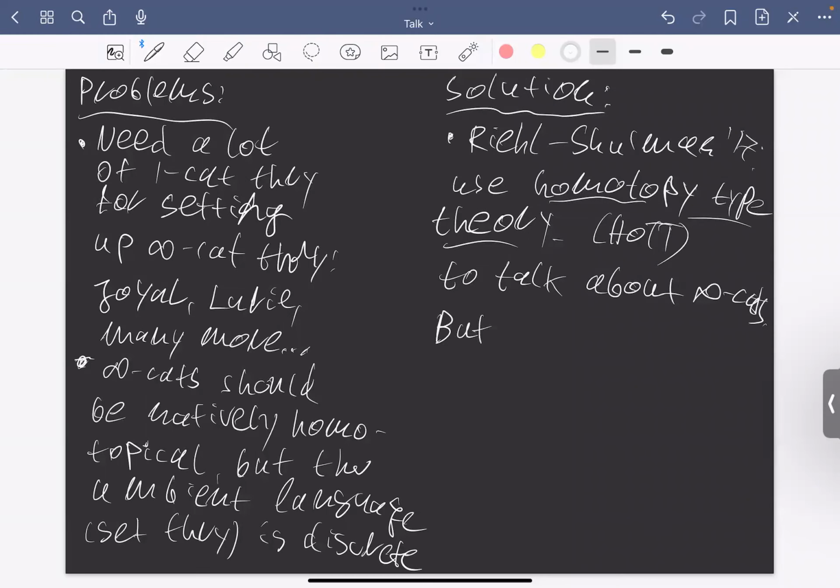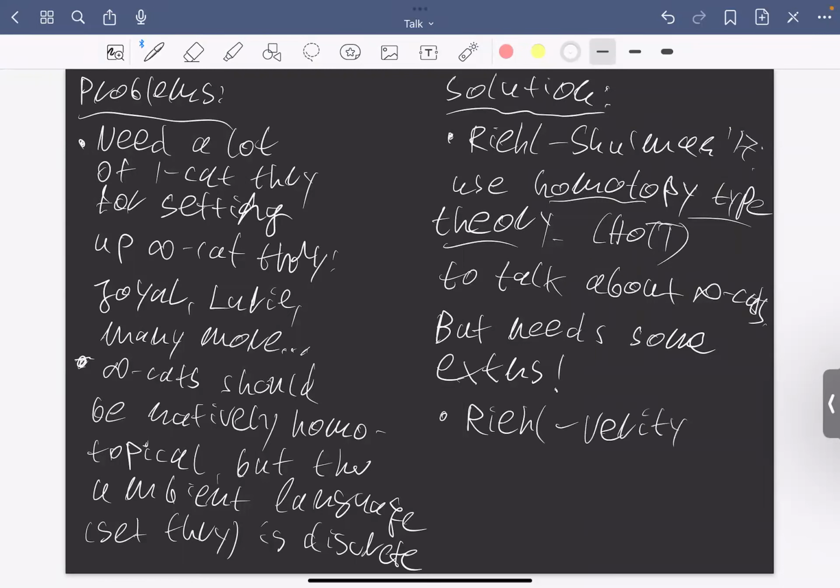In fact, we need some extensions for this, and that's what they came up with in their paper from 2017. And then there's a long-standing program of Emily Riehl and Dominic Verity from, I think, roughly 2013 up until today, so it's still ongoing, under the name of infinity cosmos theory.